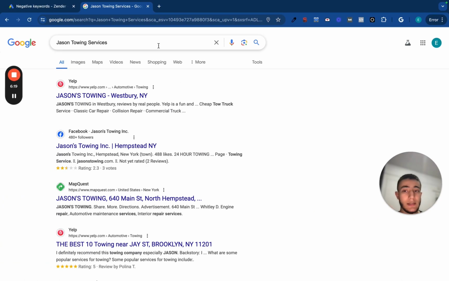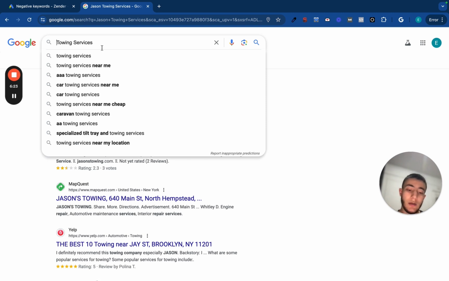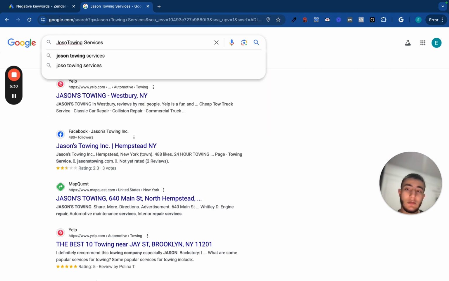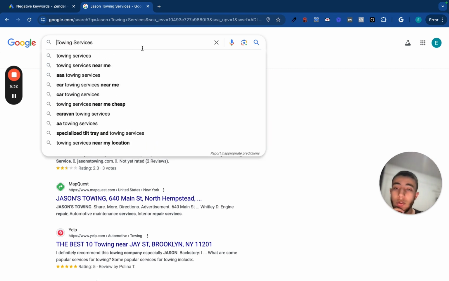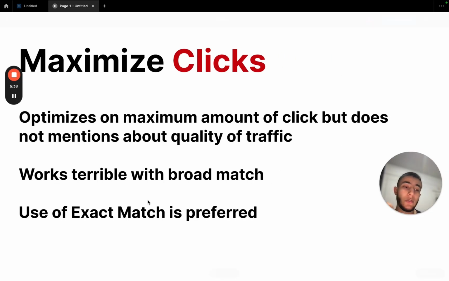When you have exact match as towing services, it cannot target someone who is just searching for competitors' names, like Jason Towing Services or any other towing company names. It's going to go after just this. So exact match is much preferred with maximize clicks. It's going to give you more relevant and cheaper clicks.